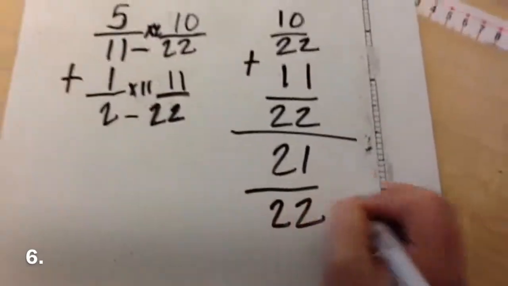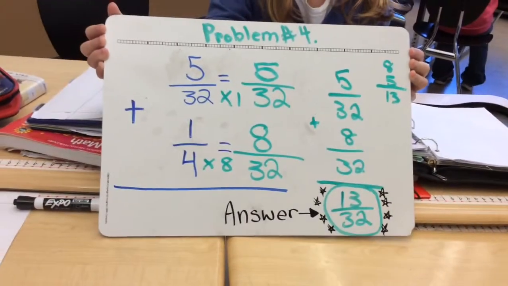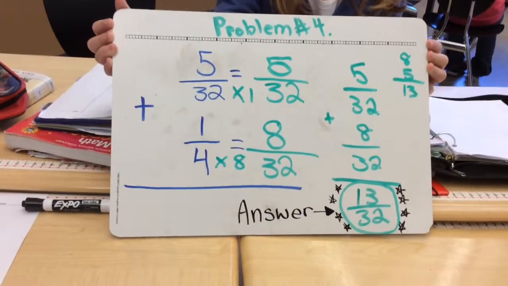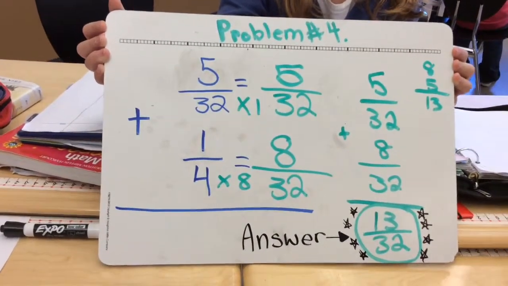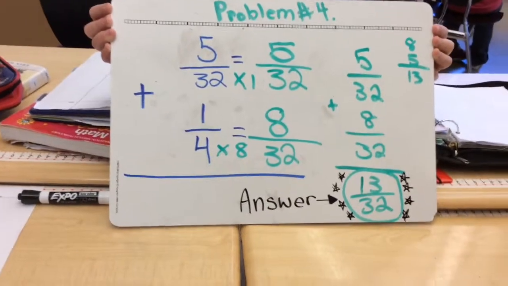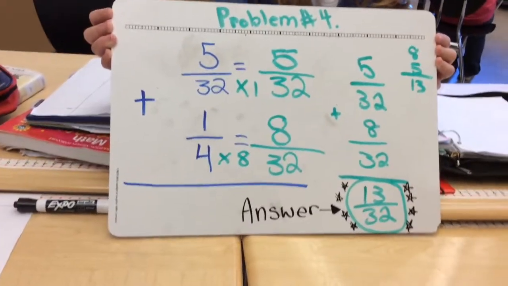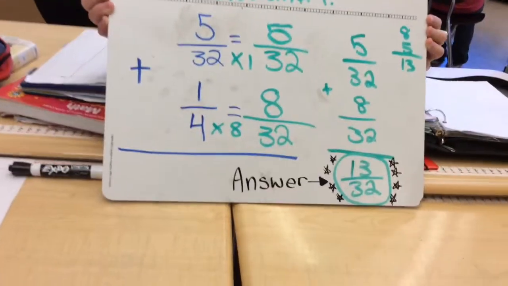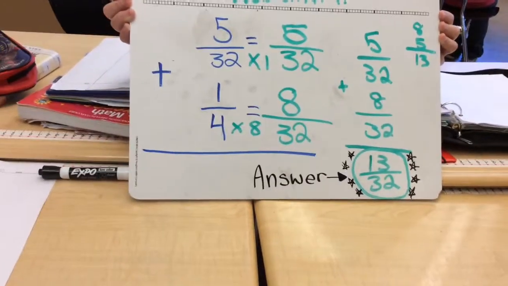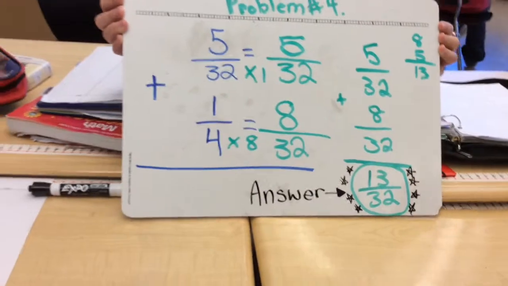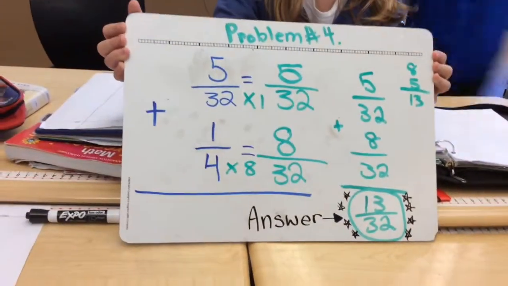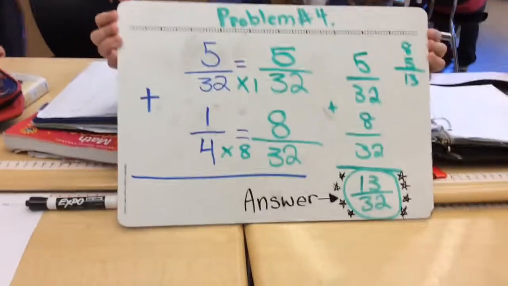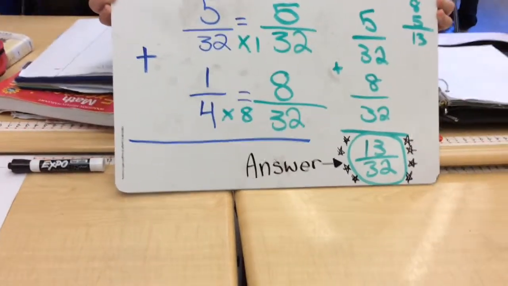All right, this is problem number 4. So we got 5/32 plus 1/4. So we have to change the denominator. So the least common denominator is 32. So you change the 4 to a 32, and the 32 on 5/32 is already changed to 32. 4 times 8 is 32.